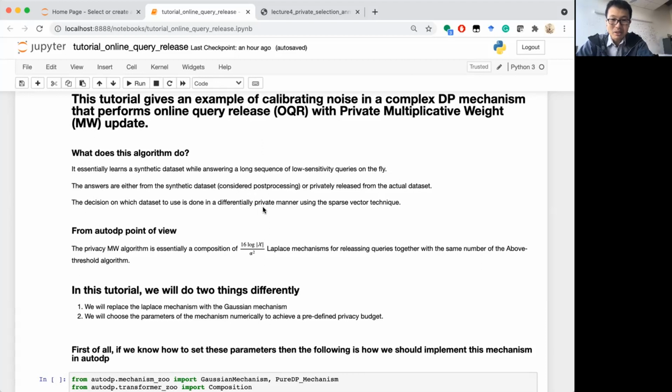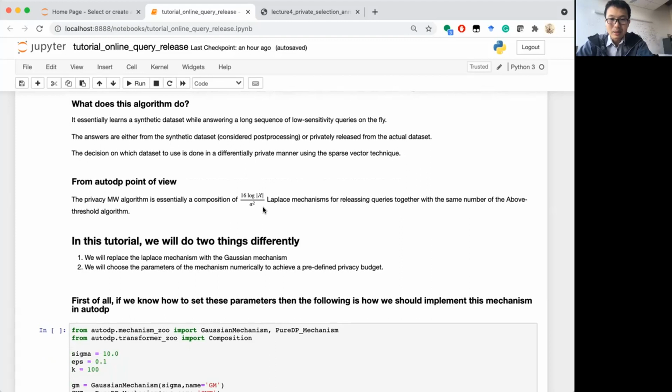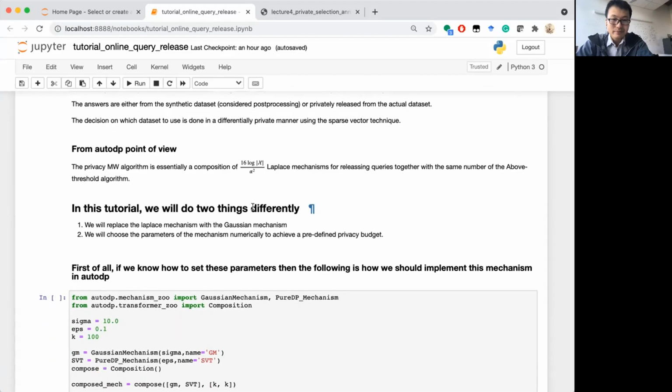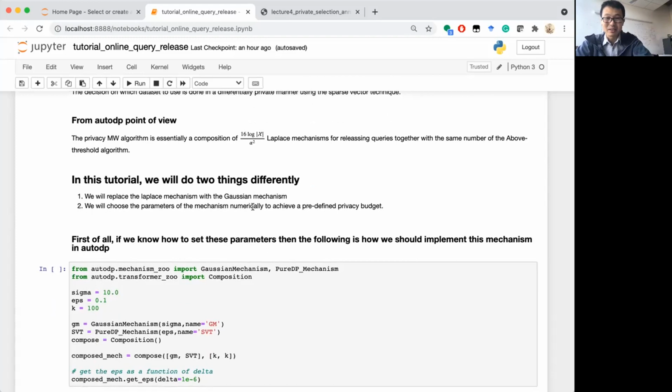The online learning guarantee tells us that to achieve alpha accuracy, the maximum number of times we have to run this is log of the cardinality of the data space over alpha squared. And the log cardinality of the data space is often just proportional to the dimensionality of the data, so a linear dependence on the dimensionality is reasonable.